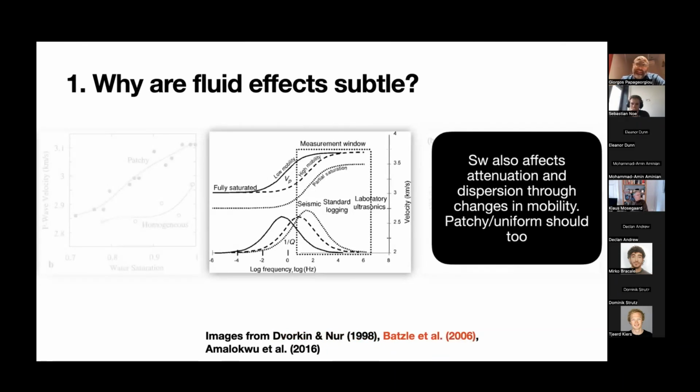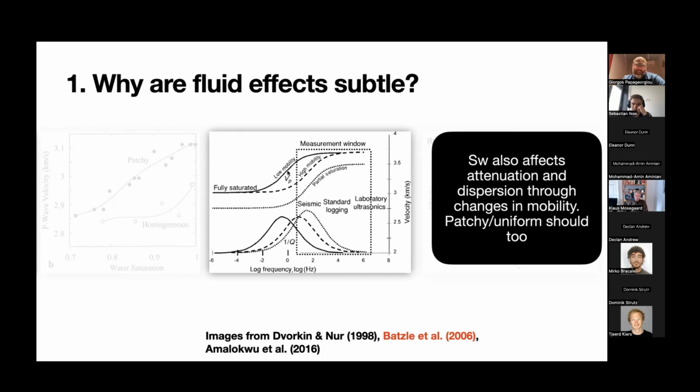The second subtlety comes from the way this partial saturation affects the attenuation and dispersion. So I'm showing here, the horizontal axis is frequency, and I'm showing what is called the standard linear solid model, which is this sigmoid curve on the top. And this shows you how velocity disperses, how it has different values for different frequencies. And it is conjectured that this is a very good model because it's, A, causal, and B, it has some nice properties anyway.